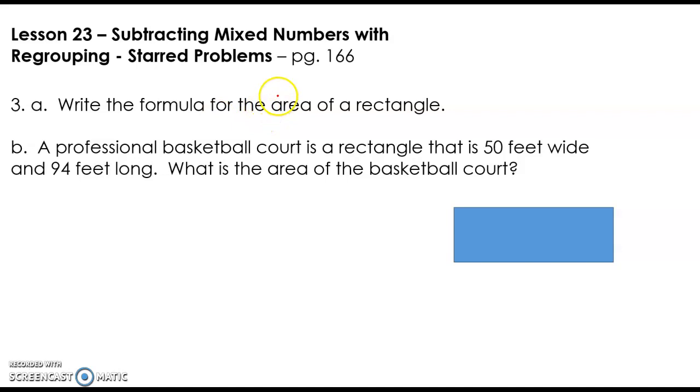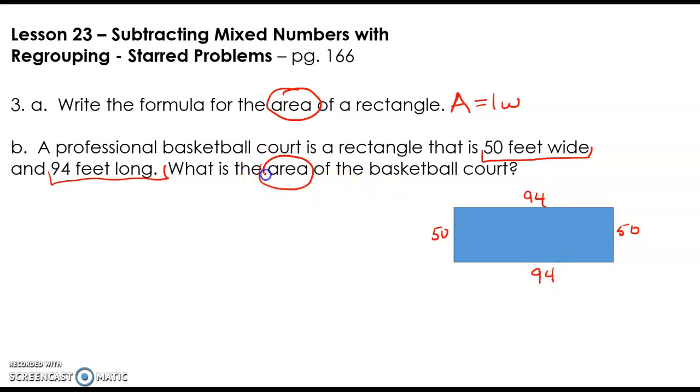The formula for the area of a rectangle, this should be in the back of your spiral, is length times width. Remember, when we don't have an operation between them, like an addition sign or subtraction sign, that means multiply. 3b says a professional basketball court is a rectangle that is 50 feet wide, so I'm going to draw my figure here, and 94 feet long.